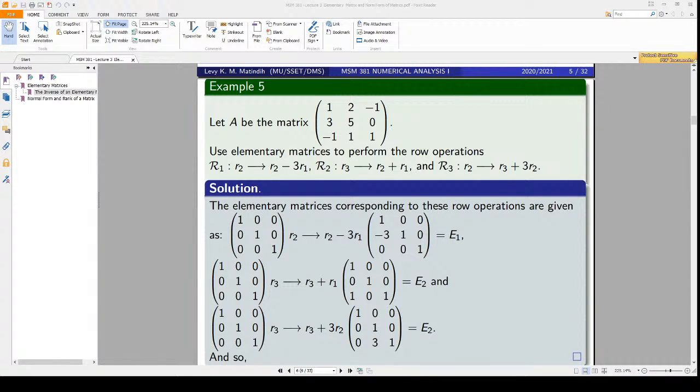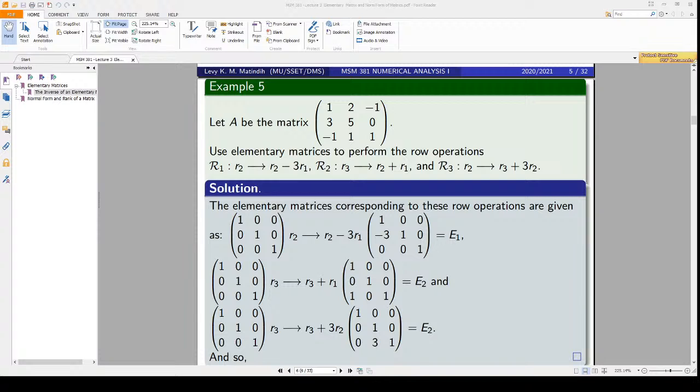So the first row operation that we have is row 2 being transformed to row 2 minus 3 times row 1. Then row 3 is being transformed.